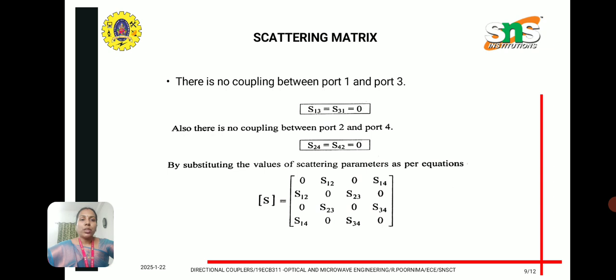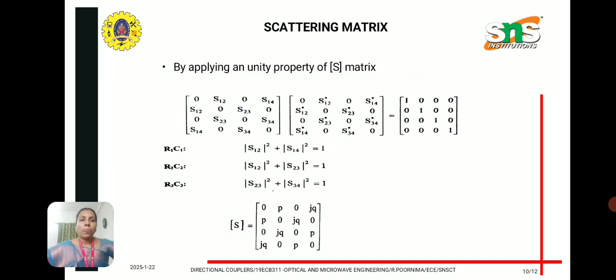By substituting the values we get the S matrix as 0 S12 0 S14 and so on. Next we apply the unitary property of the S matrix, where we multiply the S matrix by its complex conjugate and equate it to the identity matrix.